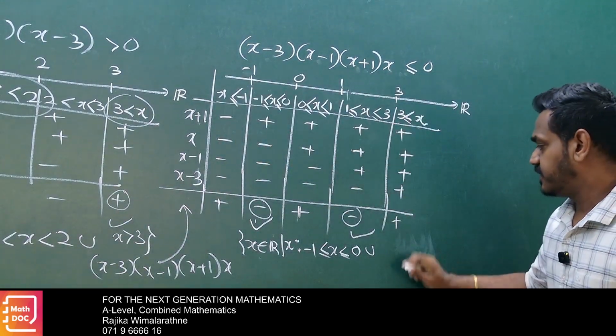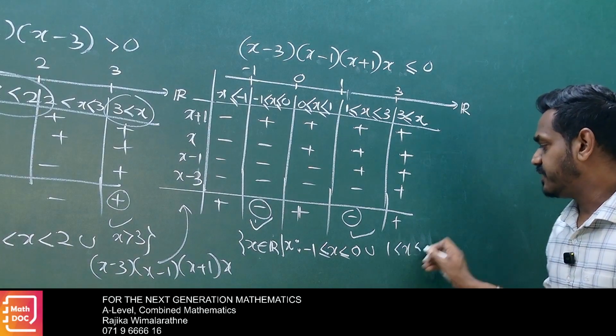In between 1 to 3, right? In between 1 to 3 with equal.